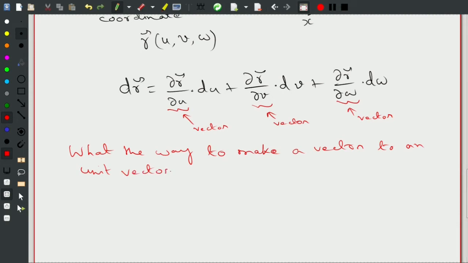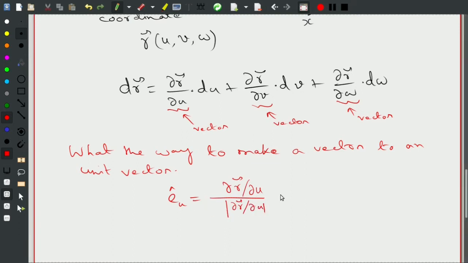To find the unit vector, what we have to do is divide this vector, dou r by dou u, by its modulus, right? Therefore, if we have a unit vector e of u, then this unit vector is nothing but dou r vector by dou u divided by modulus of dou r vector by dou u. In this way, it represents a unit vector.